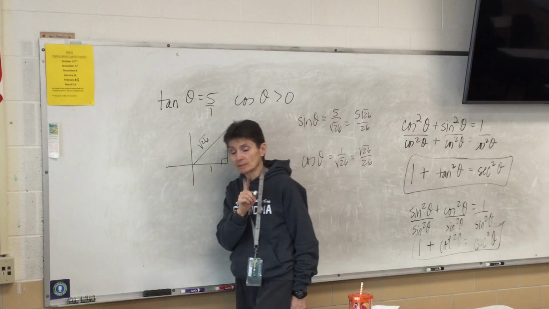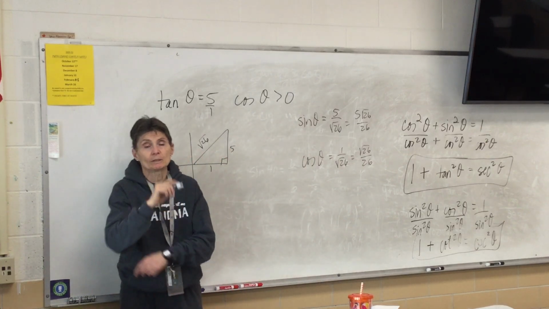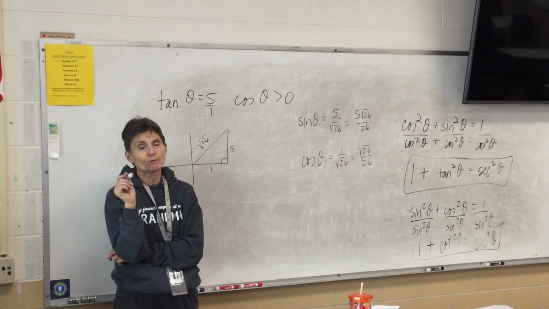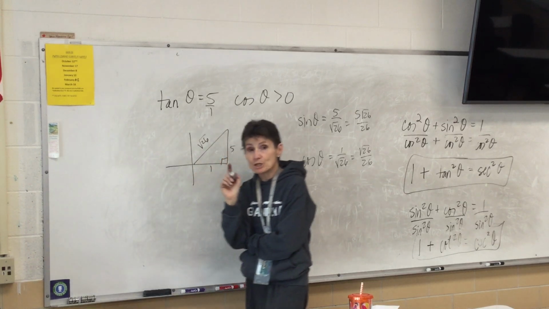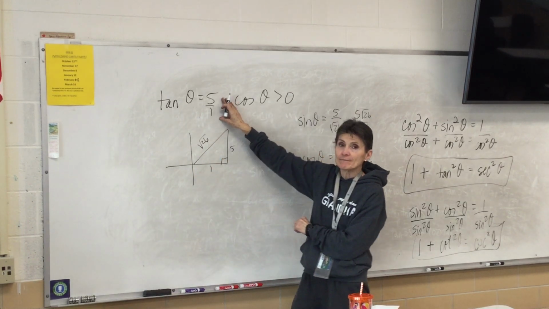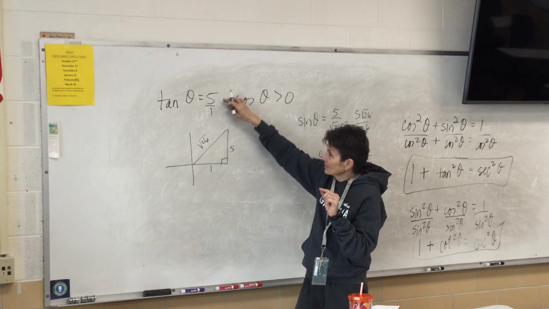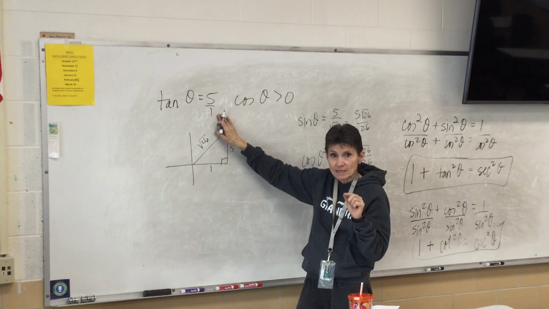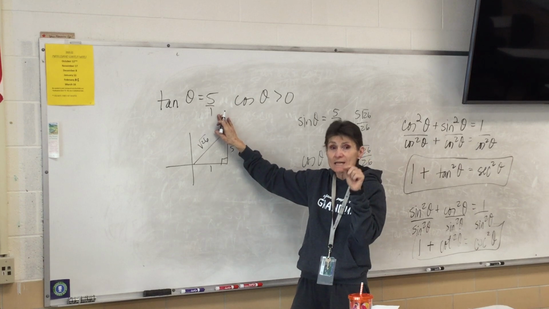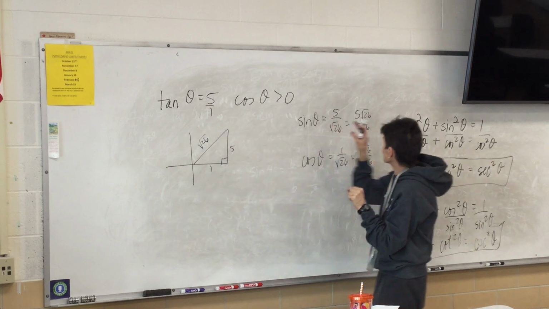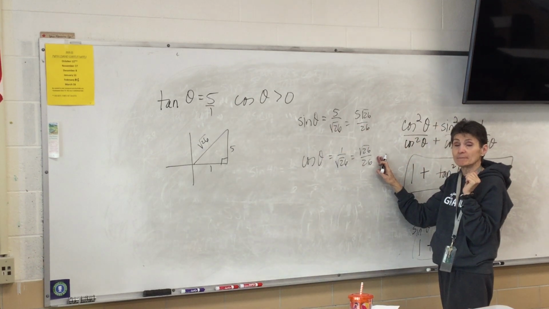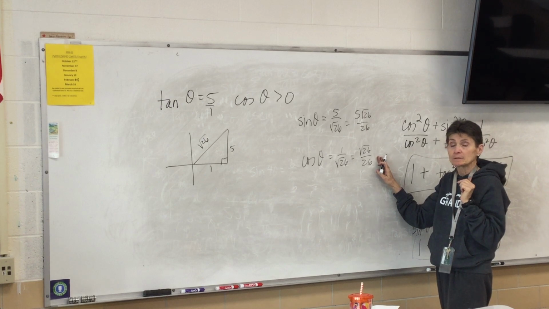It is absolutely 100% true that tangent is sine over cosine. But when you have a tangent given to you, that does not mean that the sine is 5 and the cosine is 1. It means the ratio of the sine to the cosine is 5 to 1.